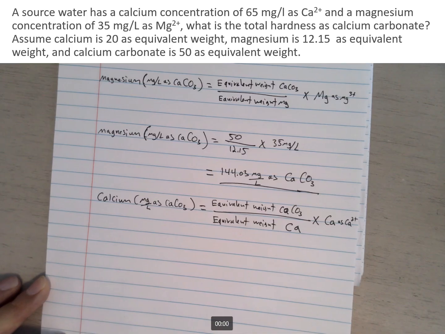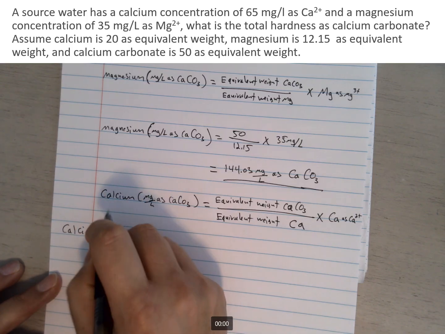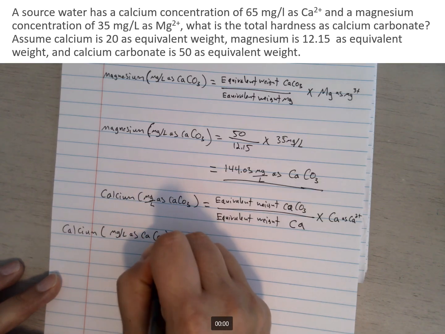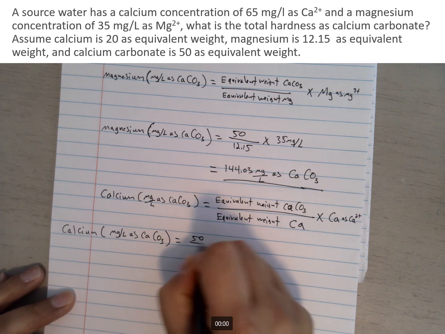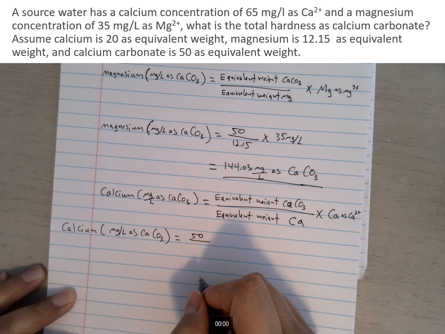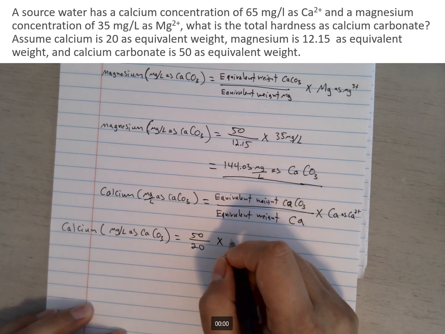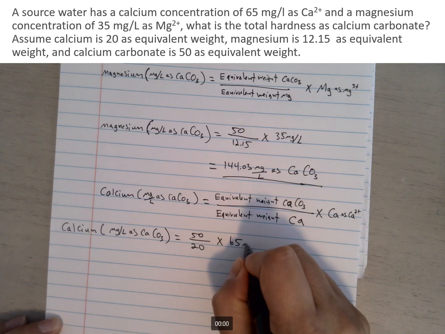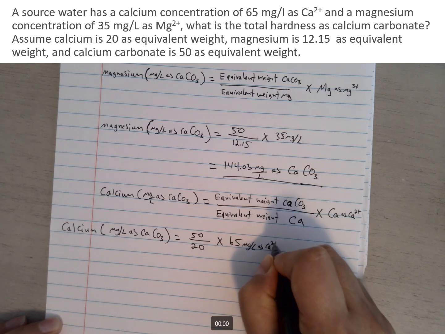Calcium in units of milligrams per liter as calcium carbonate is going to be equal to, from the problem statement, equivalent weight of calcium carbonate, 50, over equivalent weight of calcium, which was 20, multiplied by the concentration of calcium, which was 65 milligrams per liter as calcium ion.